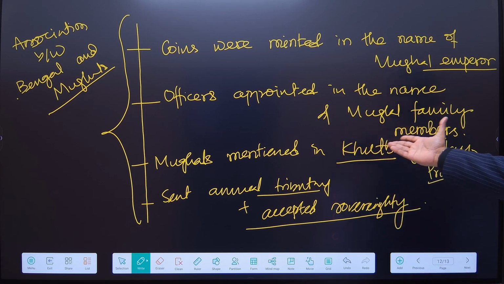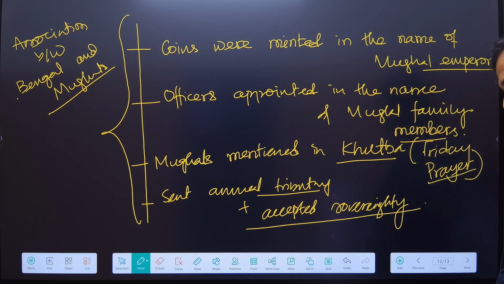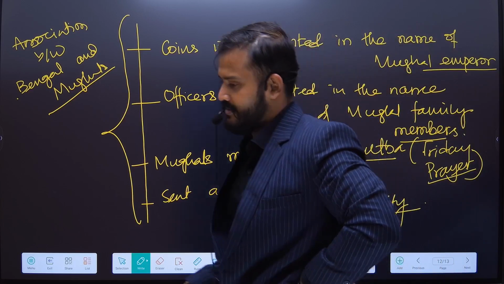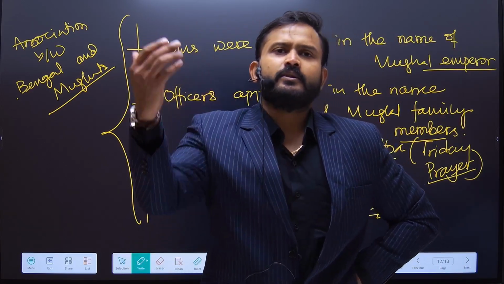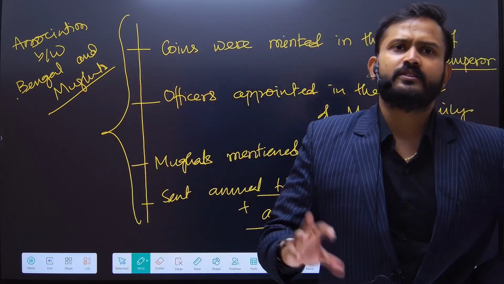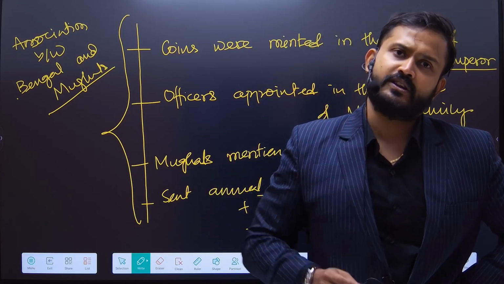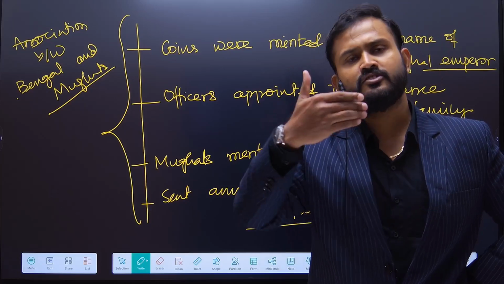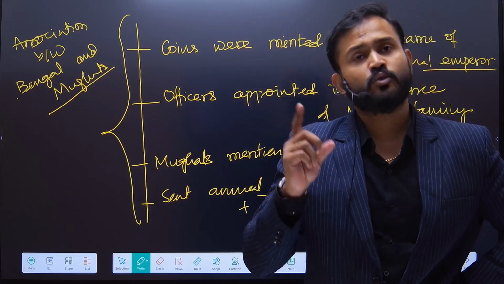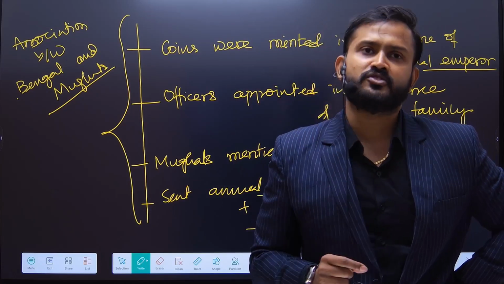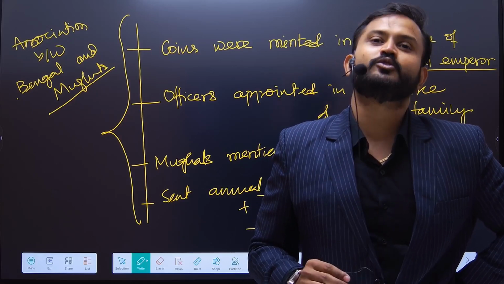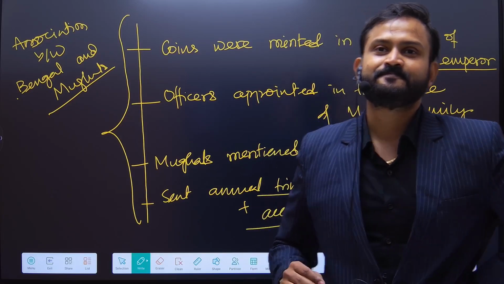Third point, Mughals mentioned in khutbah. That means the Jummah, the Friday prayers. Generally, in the Islamic world, the congregatory prayers happen on Fridays. And after the prayer, there is a general discussion. In those discussions, the emperor was mentioned. That means still there was the association, right?